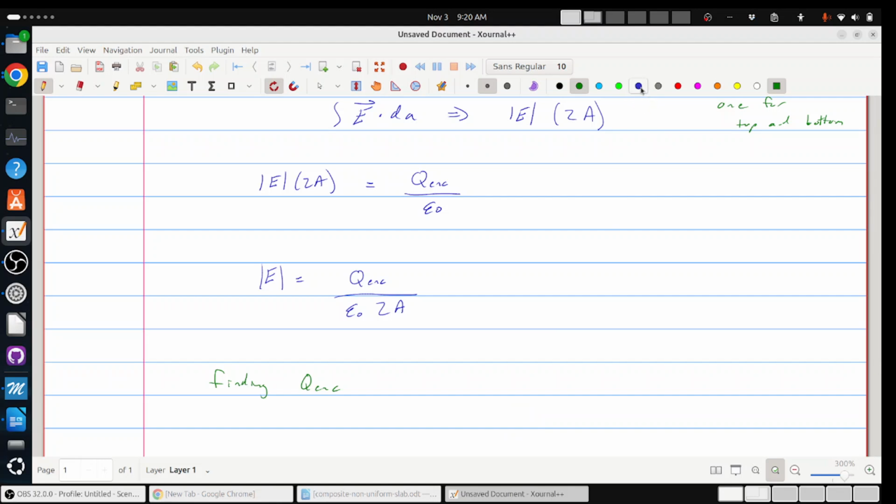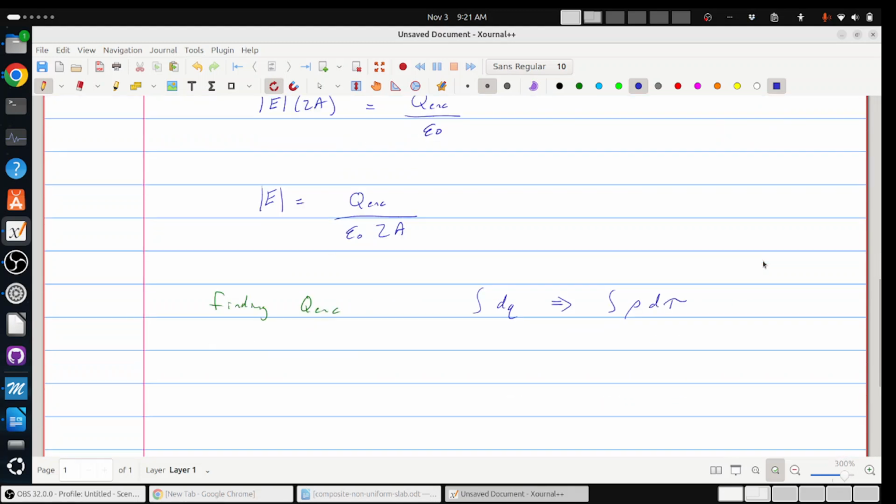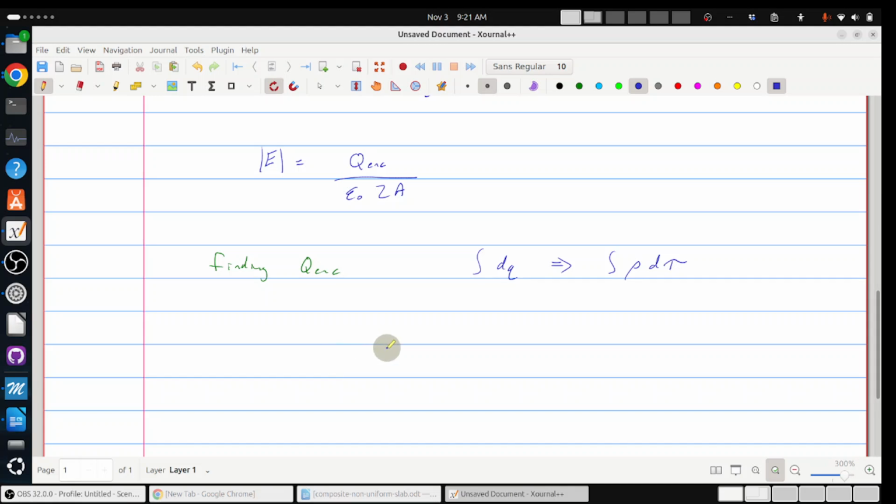So for this plane symmetry, if I've got a volume charge density, it's going to be the integral over that charge density, which will go to the integral of rho d tau. And we're going to separate this out to be an integral of rho dx, dy, and dz.